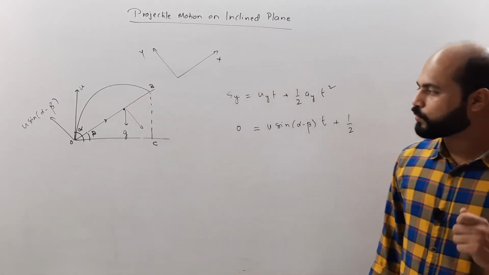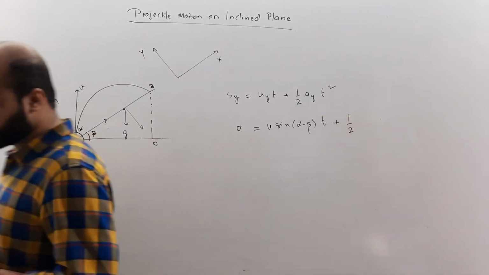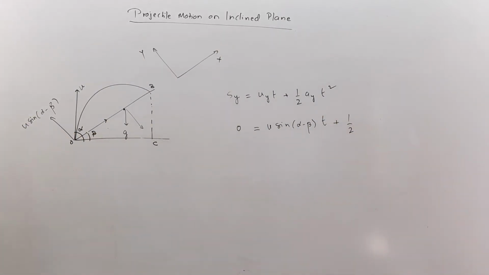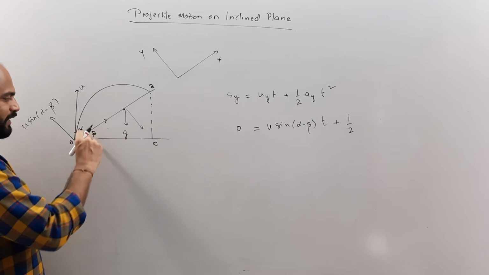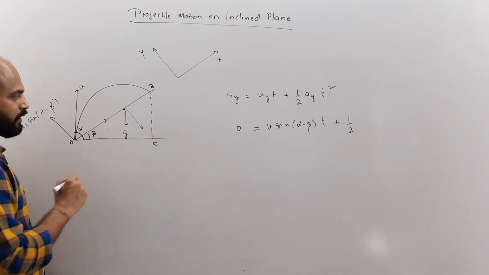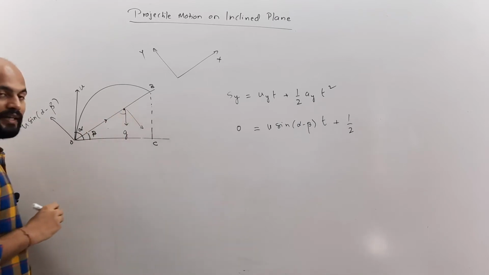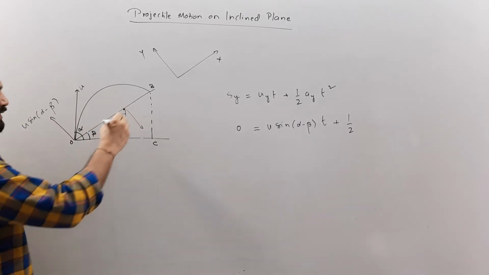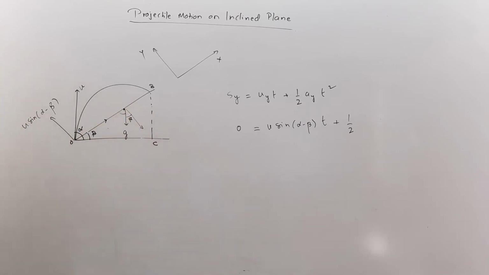So now I am making use of the component system, and with the help of which I am going to write this angle. So if this angle is beta of the inclined plane, then I know that this is 90 minus beta, and this angle over here is going to be beta again.